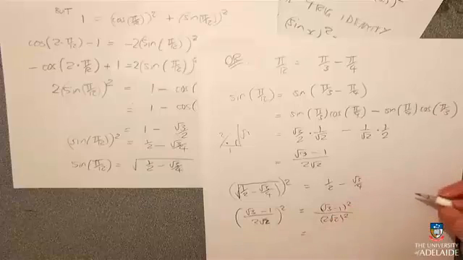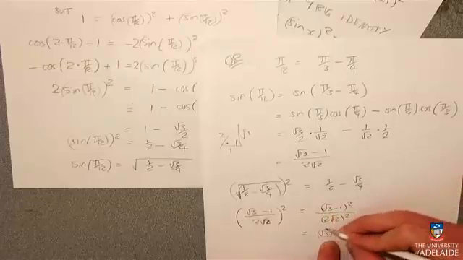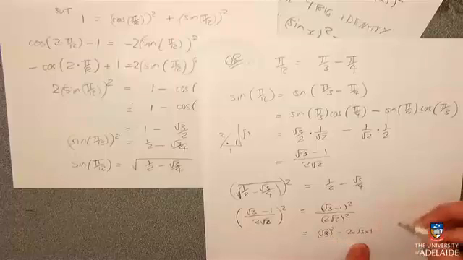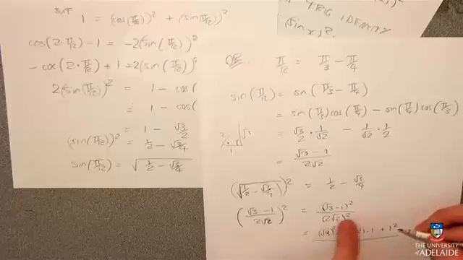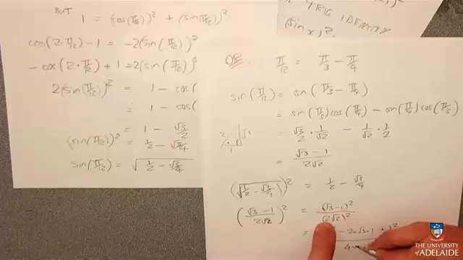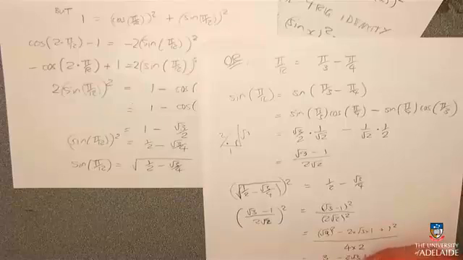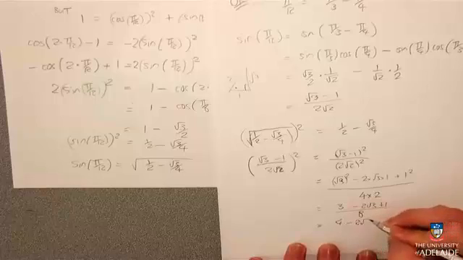Okay. So when I square things that are subtracted, I need to go like root 3 squared minus 2 times root 3 times 1 plus 1 squared. That's the top. And the bottom I can square them separately. So 2 squared is 4 and root 2 squared is 2. Nice. So I get root 3 squared is 3 minus 2 root 3 plus 1 over 8. So I get 4 minus 2 root 3 over 8.